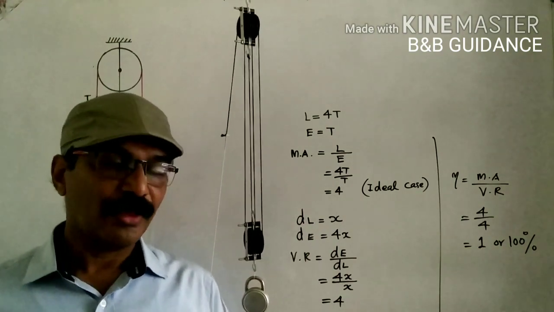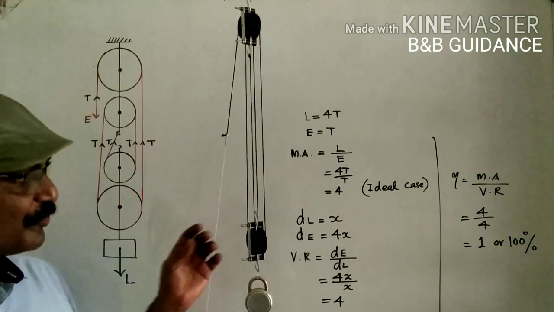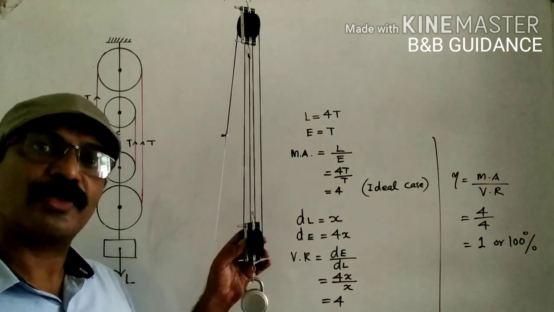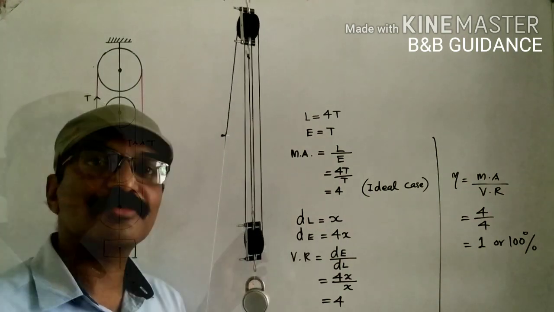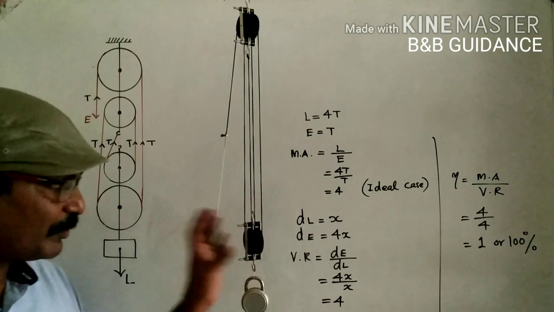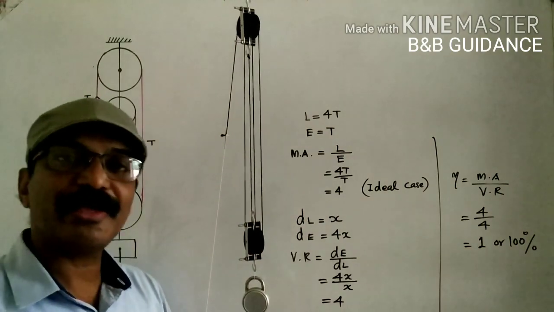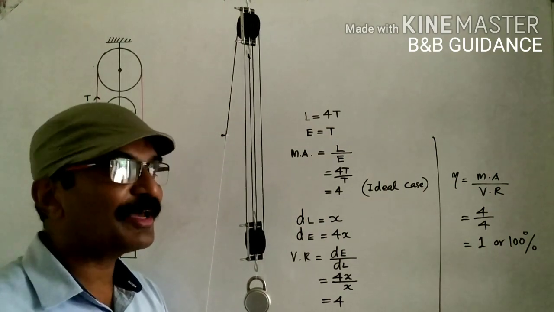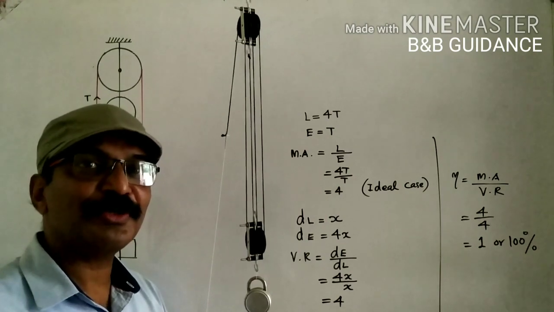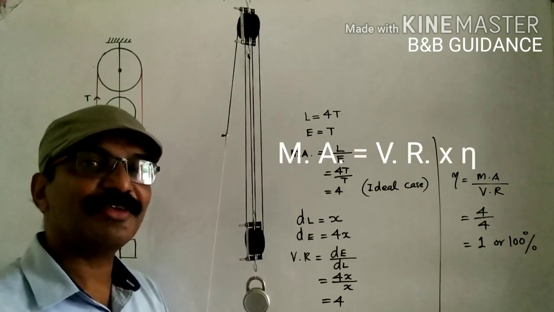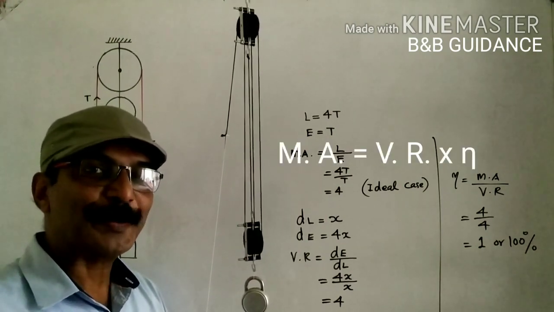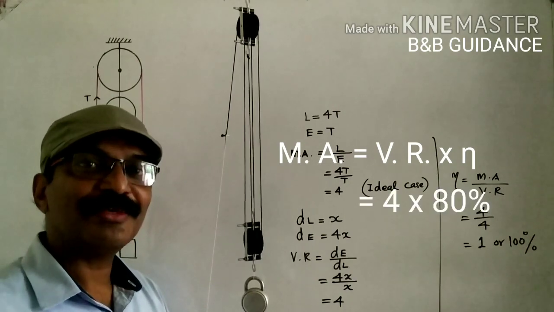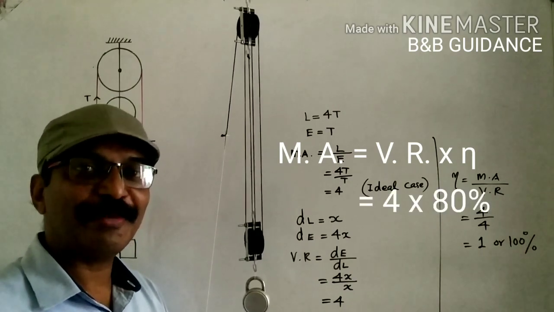Moreover, in due course, suppose if friction increases, then also efficiency may decrease, no? When the efficiency of this system is suppose only 80%, what will be the mechanical advantage? Then mechanical advantage is equal to velocity ratio multiplied by efficiency, that's equal to 4 multiplied by 80%, 80 by 100.